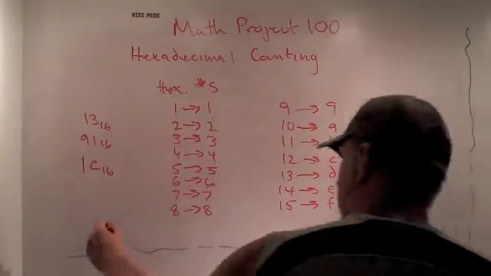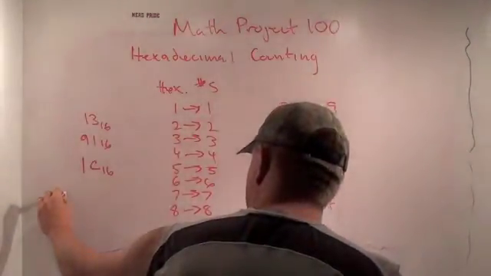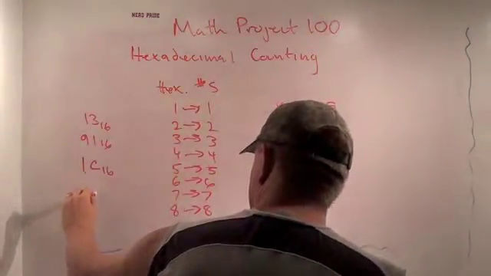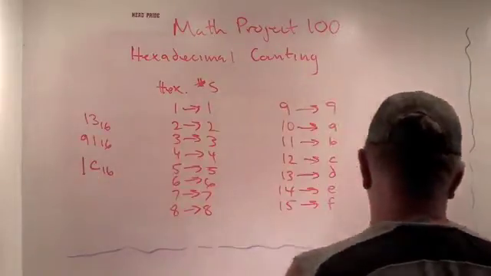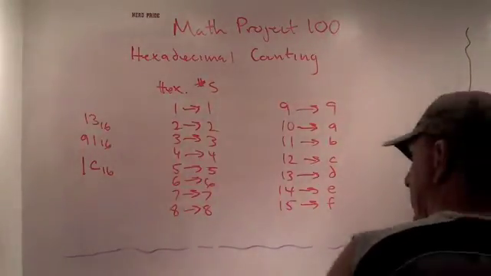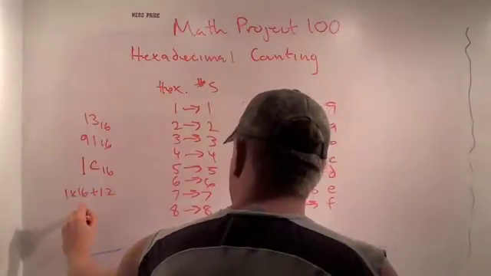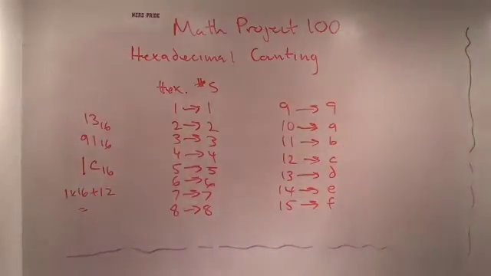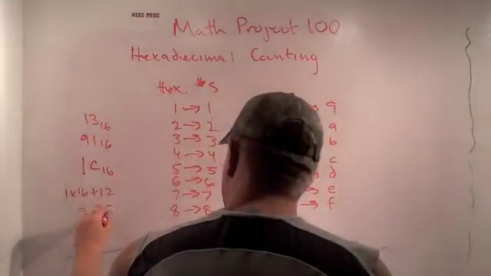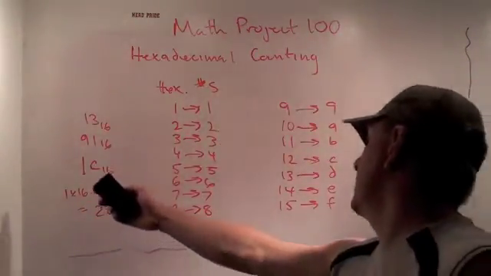Well, C is 12, and what does this 1 mean? It means 1 times 16 plus 12, and what's that? 28. So the way you write 28 in base 16 is 1C.